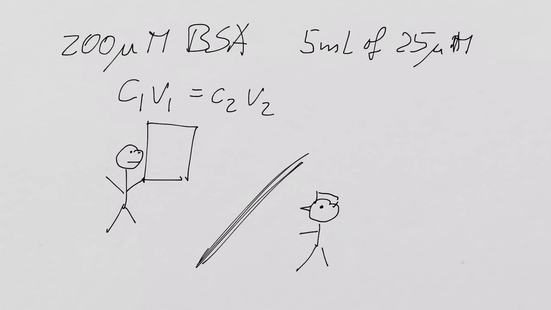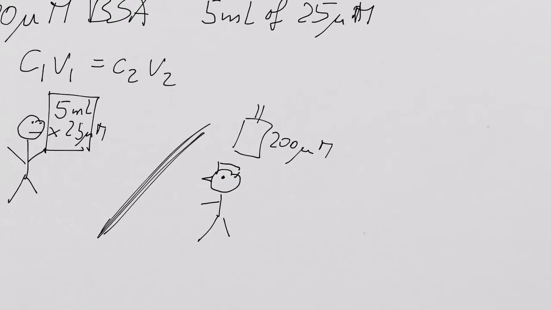Or think about the guy coming into the pharmacy with a prescription, and the prescription says, give that poor sot 5 milliliter of a 25 micromolar solution. And the pharmacist says, sorry, we only have 200 micromolar. So what do we do? Well, basically, it's already written here.